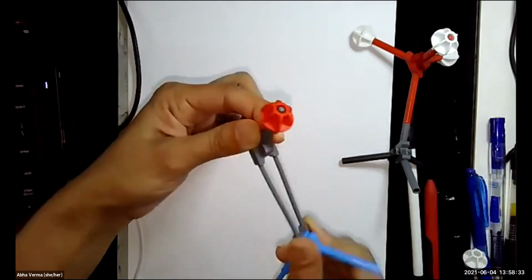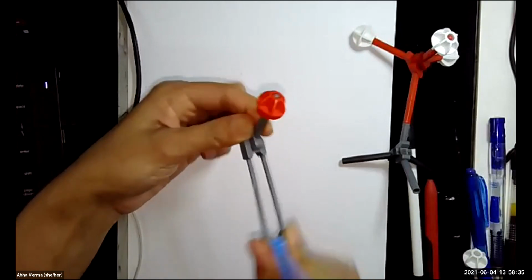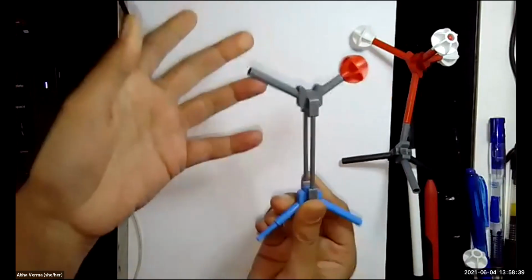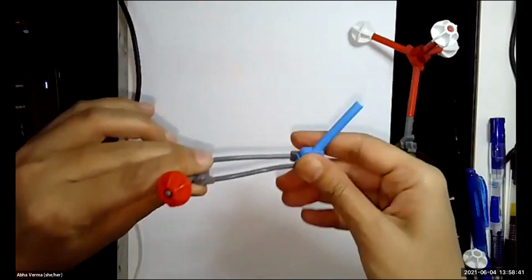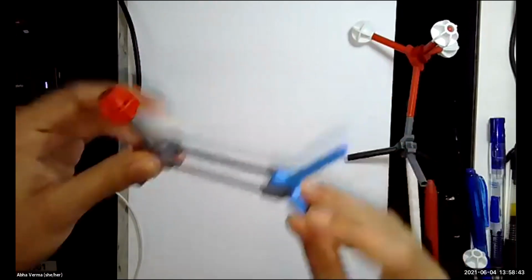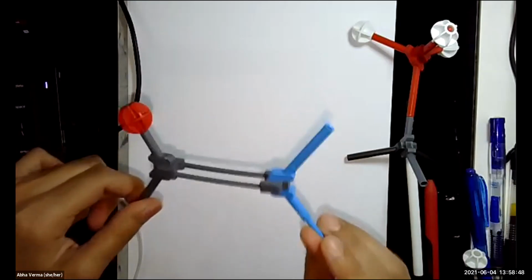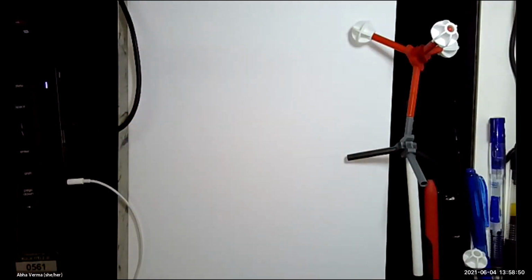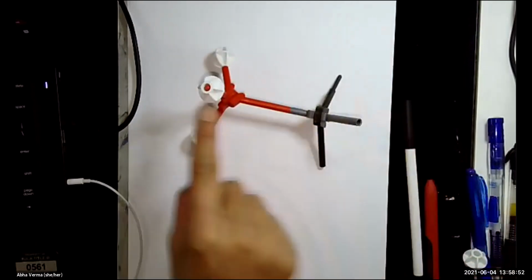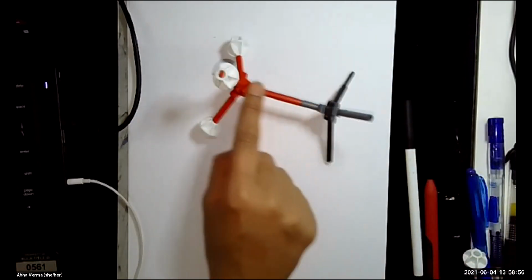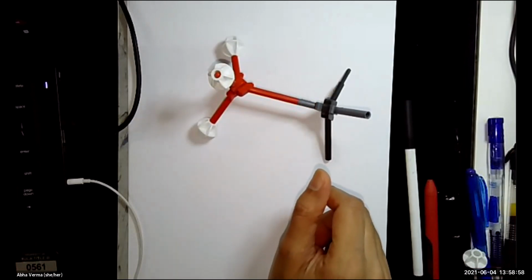There cannot be any rotation across this double bond. I'm not trying to really break it, but if I try to rotate it, it's not rotating. So conformational isomers will only occur between two carbons on their single bond.